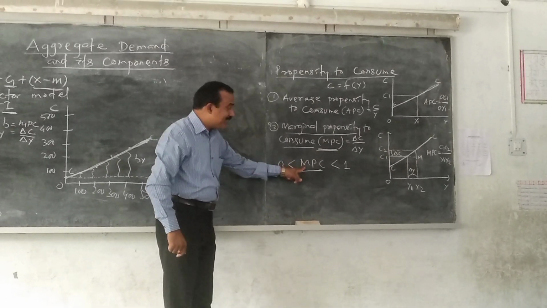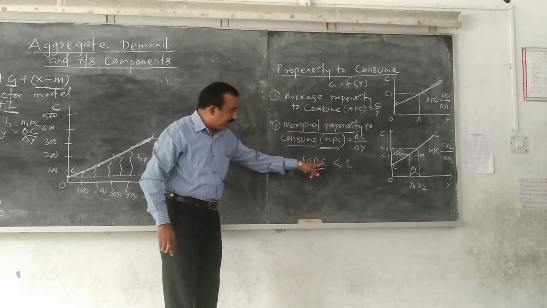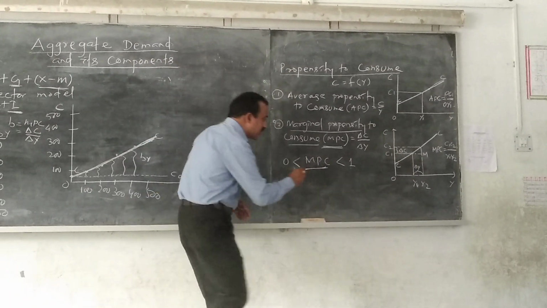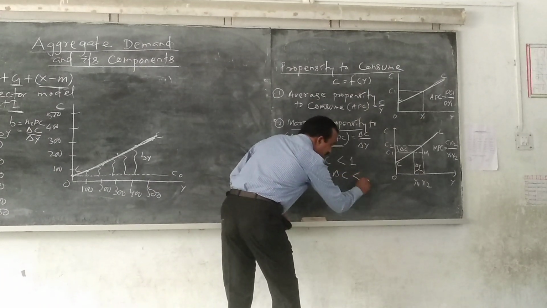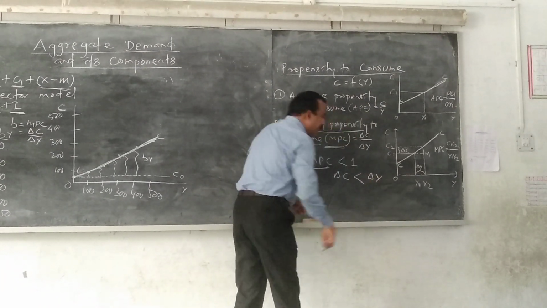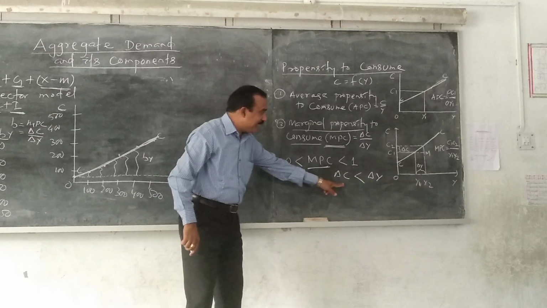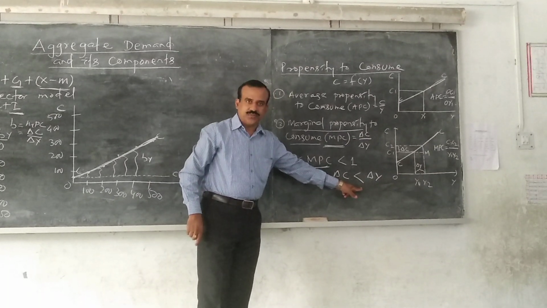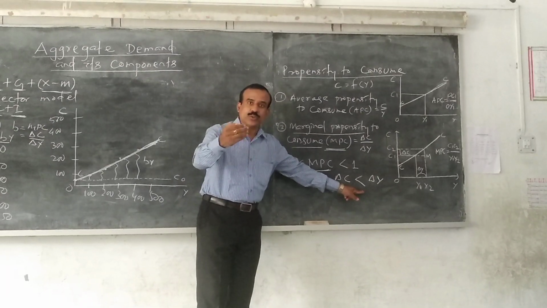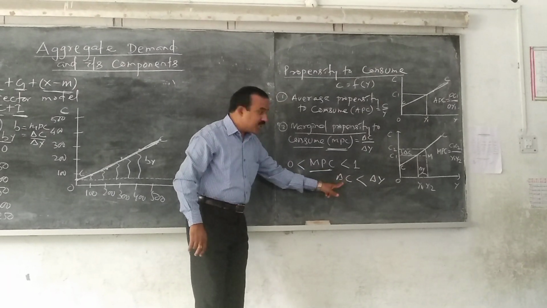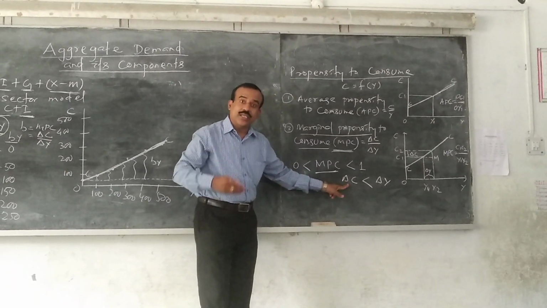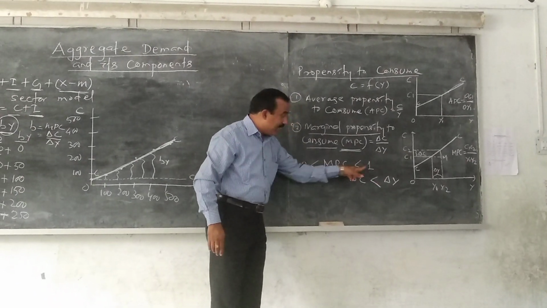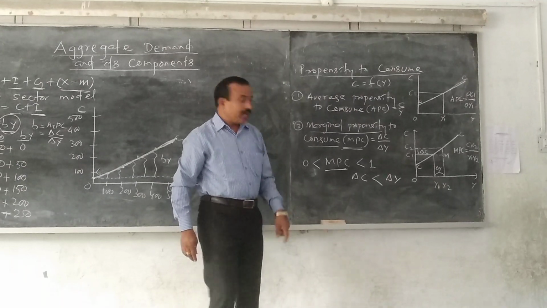If consumption rises at a lower rate than the rise in income, MPC will be less than 1. That means delta C is less than delta Y. So this is Keynes' psychological law of consumption. According to Keynes' psychological law, consumption changes at a lower rate than the change in income. So it must be less than 1.